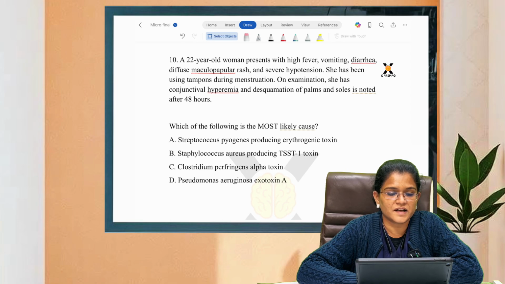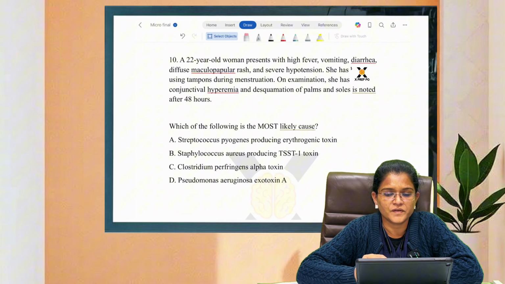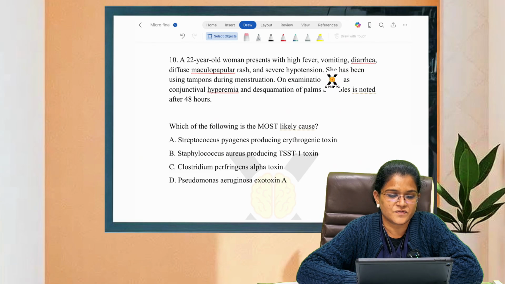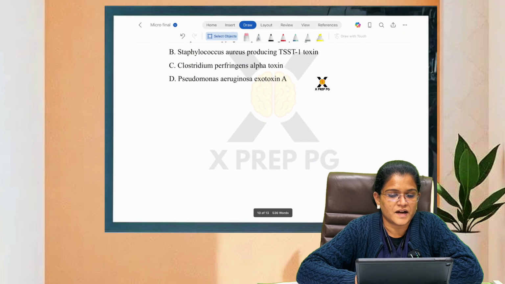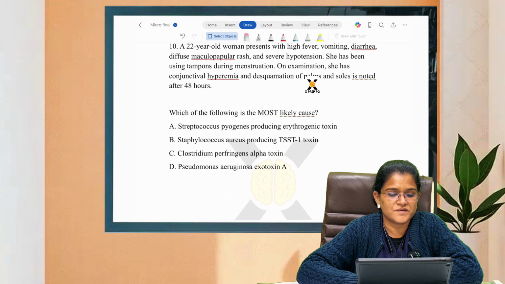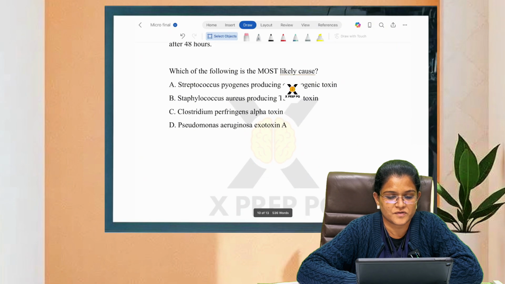Coming on to the clinical criteria and symptoms of the patient, we can opt for Staphylococcus aureus producing toxic shock syndrome toxin 1. We can easily appreciate multisystemic involvement along with the desquamation of palms and soles. And typically the use of tampons is associated with Staphylococcus aureus infections producing toxic shock syndrome toxin.